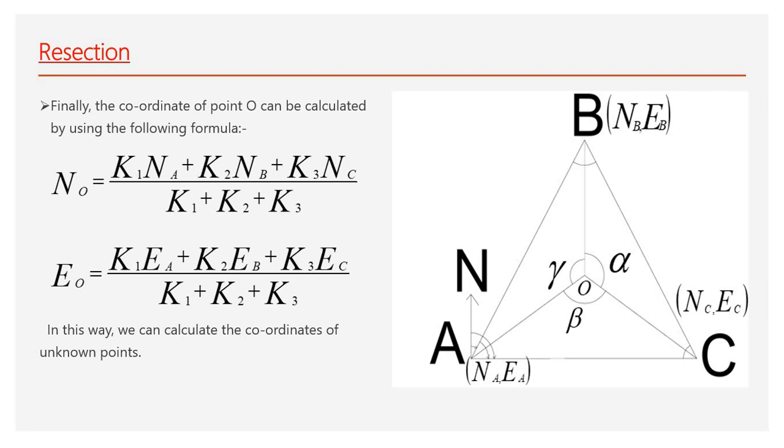Similarly for easting, K1 into EA plus K2 into EB plus K3 into EC divided by K1 plus K2 plus K3. In this way we can calculate the coordinates of the unknown point.